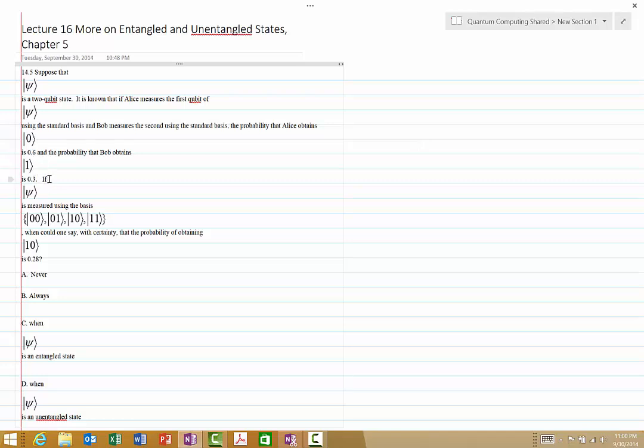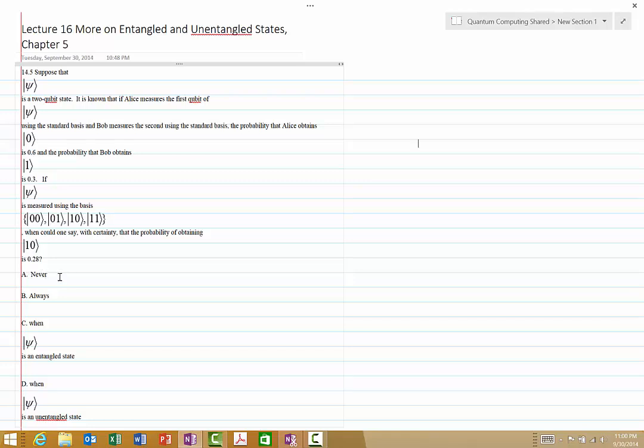And then the question is, if C is measured using the basis 00, 01, 10, 11, when could one say with certainty that the probability of obtaining 10 is 0.28?